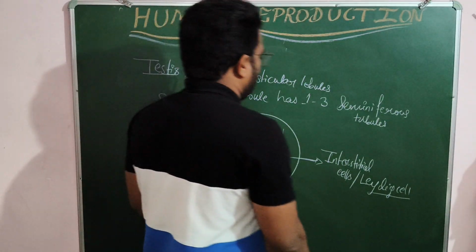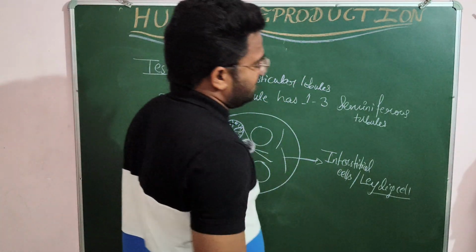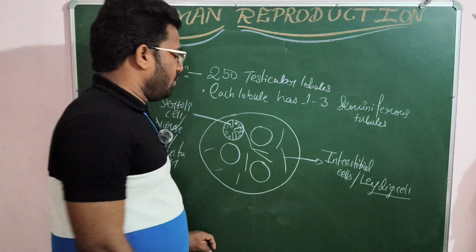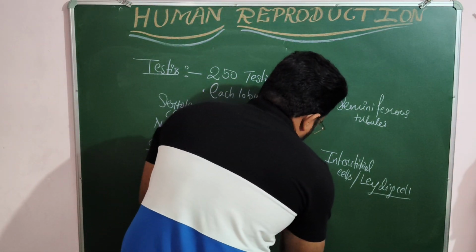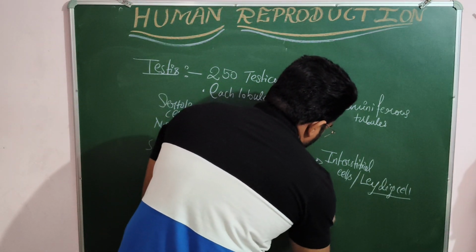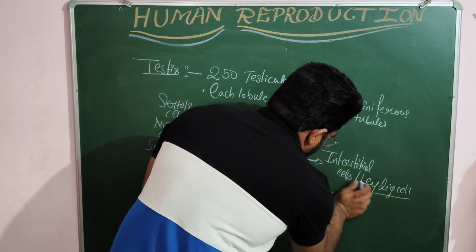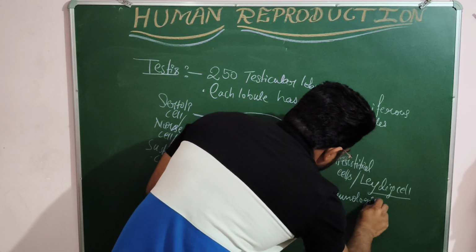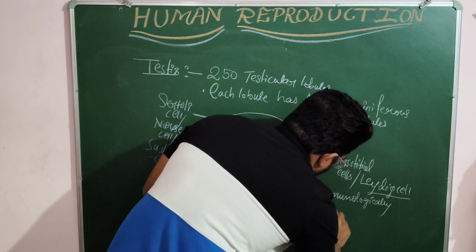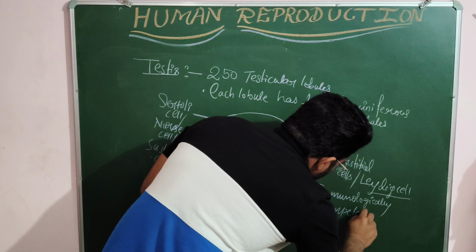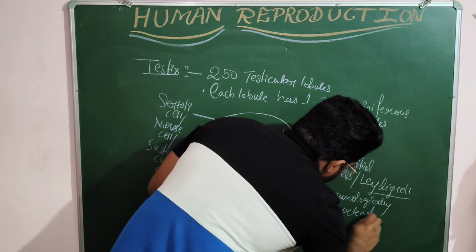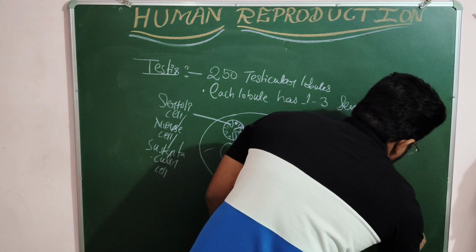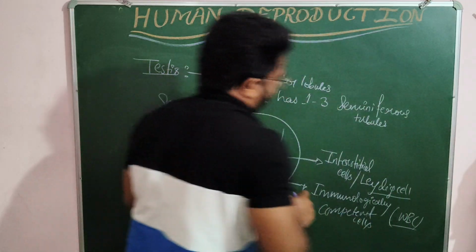Let's talk about the other type of cell present in this interstitial space: immunologically competent cells, that are basically WBCs, white blood cells.